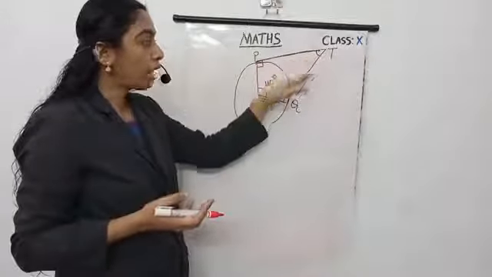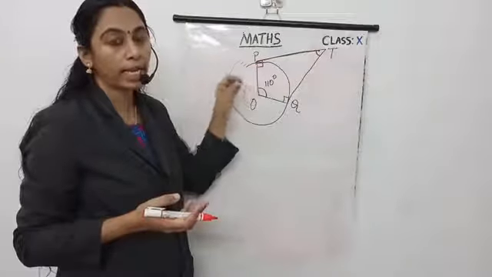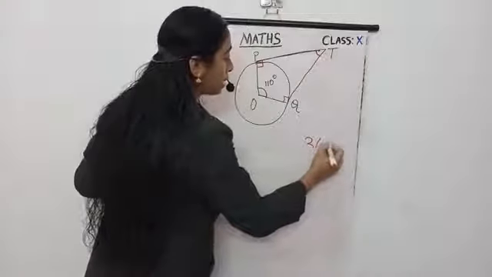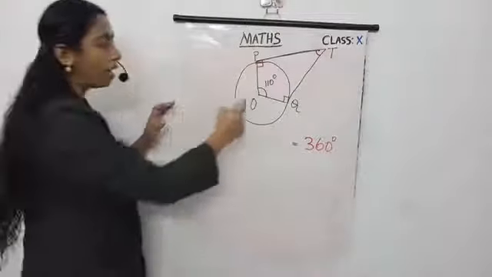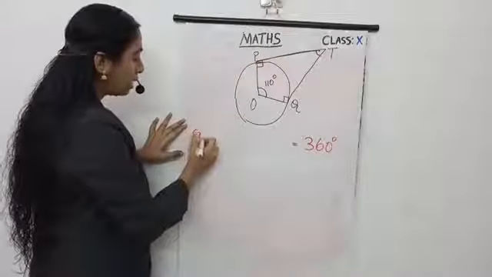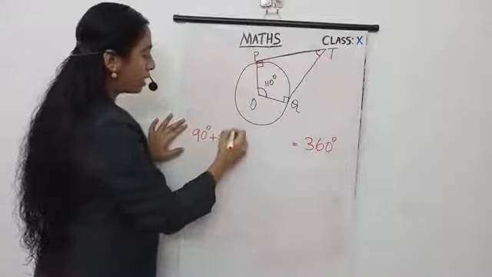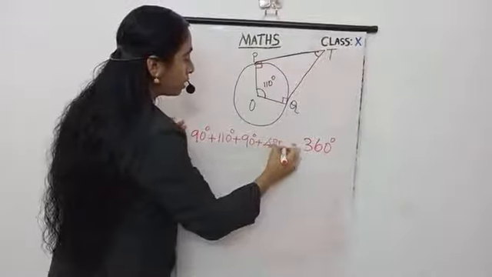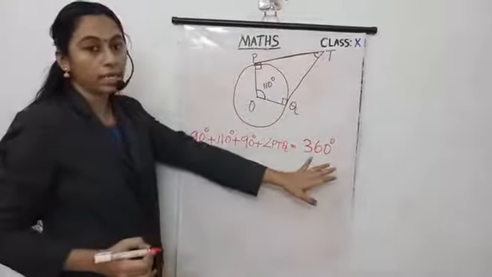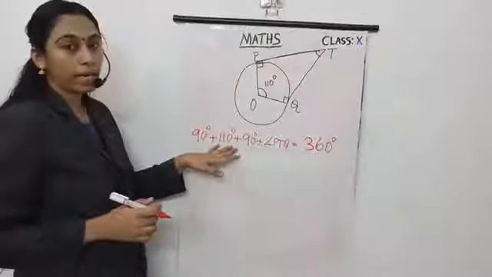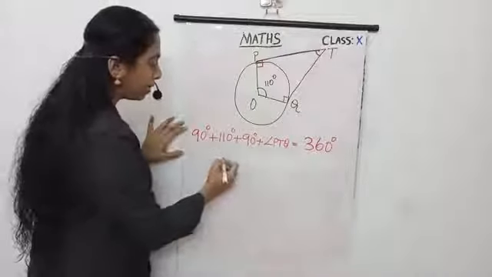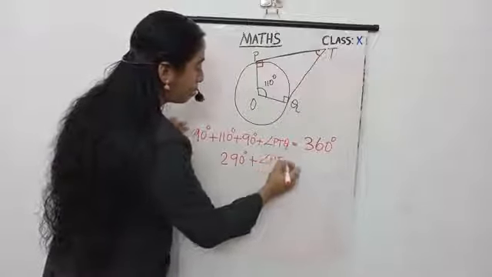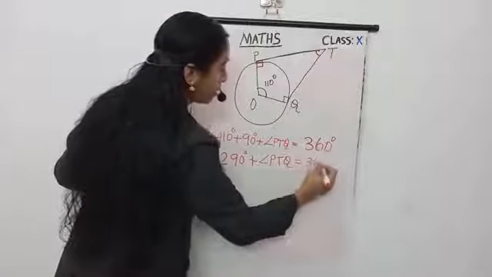Then it is easy to find the fourth angle. Now, what is the total interior angle of a quadrilateral? Total interior angle is equal to 360 degrees. Now add all these angles. So 90 degrees plus 110 degrees plus 90 degrees plus angle PTQ is equal to 360 degrees. Adding 90, 110 and 90, we get 290 degrees plus angle PTQ is equal to 360 degrees.